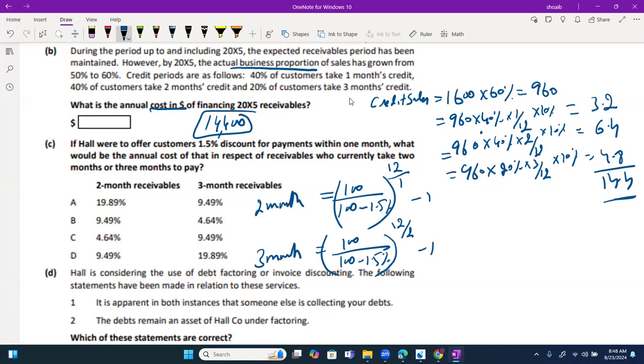Try to understand the concept. Previously, you were paying in 2 months' time. Now you will pay in 1 month's time if you want to take a discount. So what is the cost of discount or the benefit of discount? Previously, you were paying in 3 months. Now you will pay in 1 month. So what is the cost of discount?